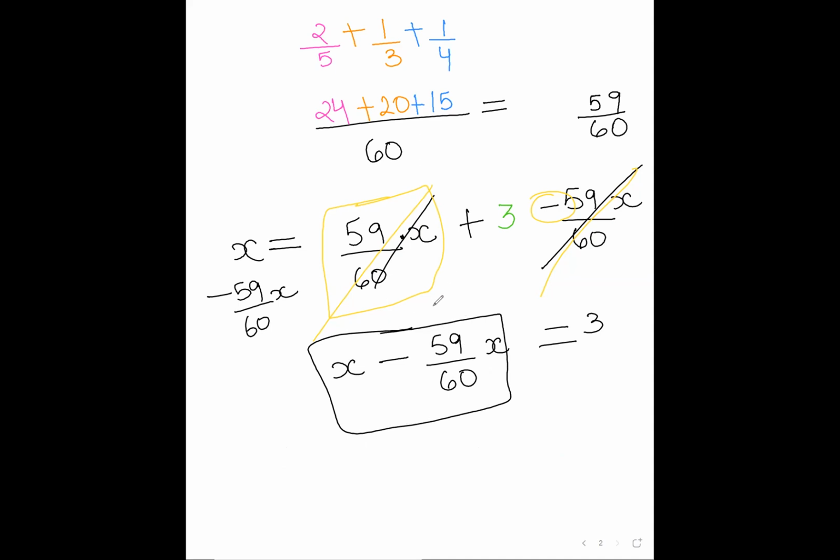So the coefficient of x over here is minus 59 by 60. Let me clear that with another example. If you were to say negative 4x, what is the coefficient of x over here? Negative 4. So similarly, the coefficient of x in this term is negative 59 by 60.